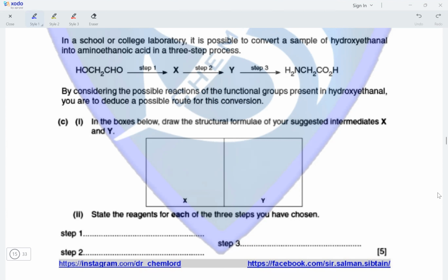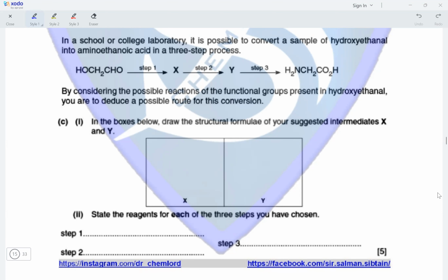And the OH cannot be directly replaced by the NH2 group. OH first has to be replaced with a halogen, and the halogen must be replaced by the NH2 group. So one of the steps would be replacement of OH with a halogen. The next step would be the replacement of the halogen with the NH2 group. And the third step would be the oxidation of the CHO group into the COOH group.